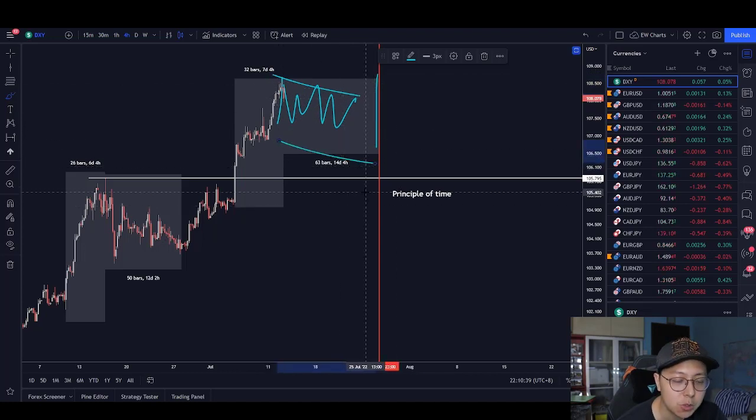So it gives you an expectation where if this is going to happen in the DXY, then maybe you might not want to focus too much on the dollar. If this is happening on any specific instrument, it can tell you that perhaps it's not time to look at it yet.